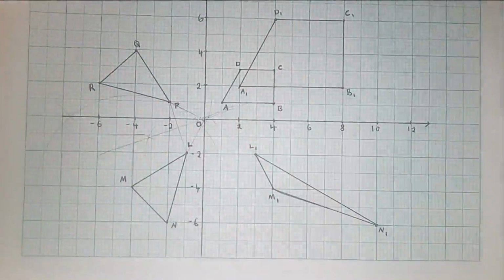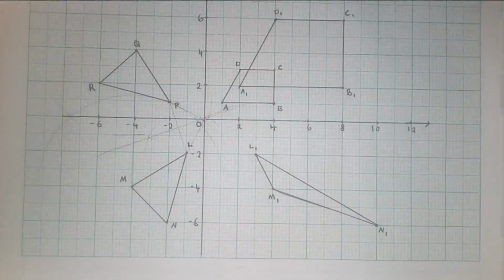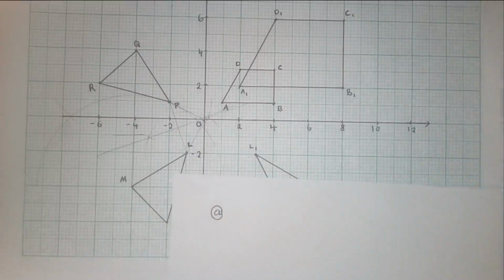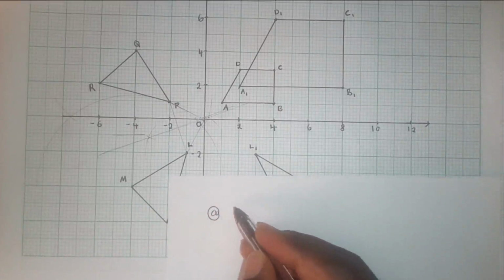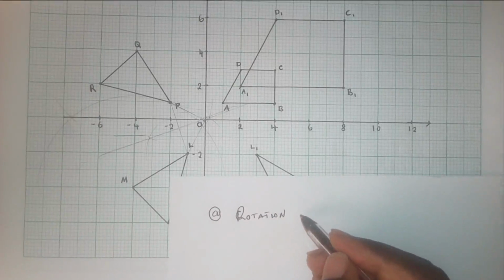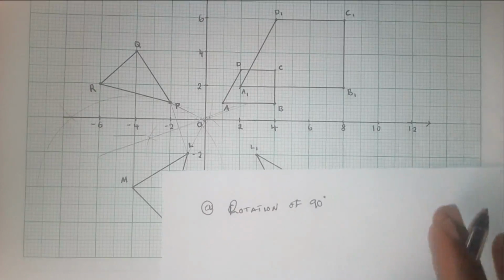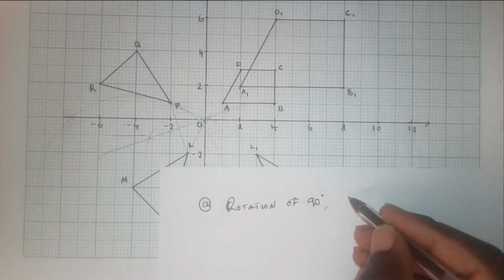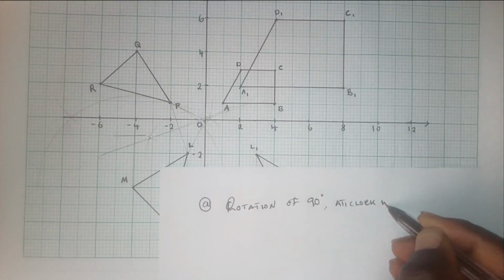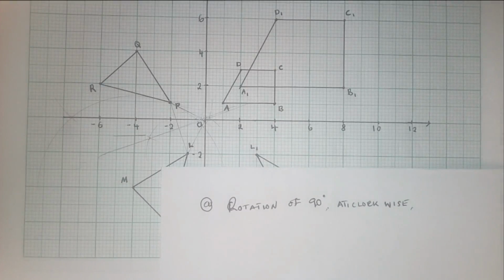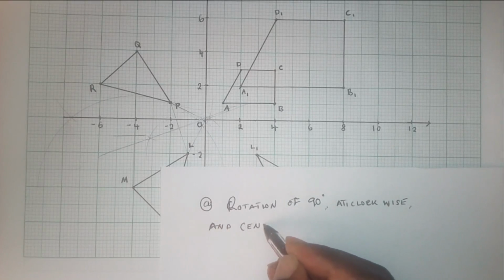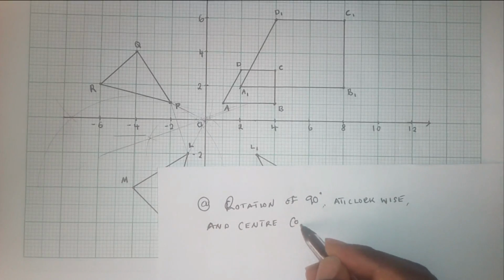Now you can write your answers. Let me write my answers here. This is A: rotation through 90 degrees, anti-clockwise, and the center is 0, 0.